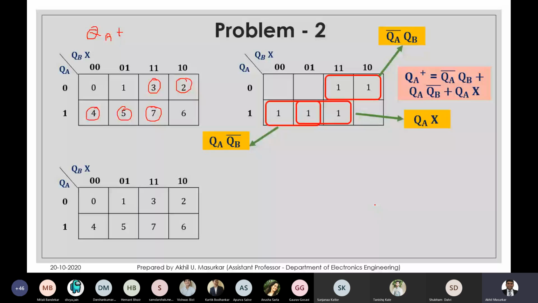Okay. Next is for QB. Tanishk, can you tell me in which positions we are having ones now for QB plus?